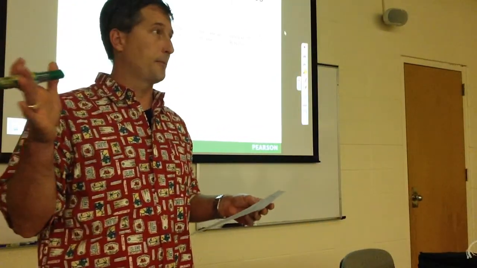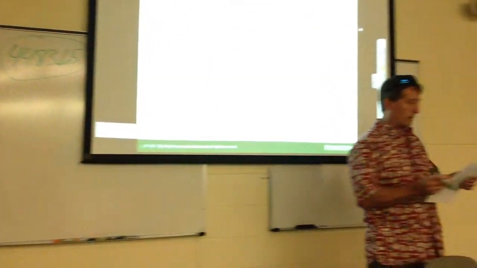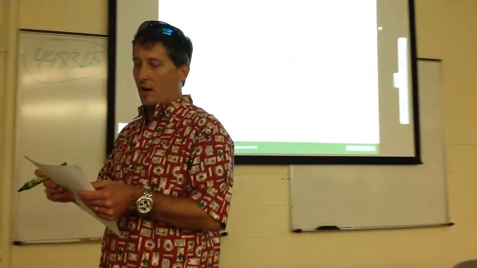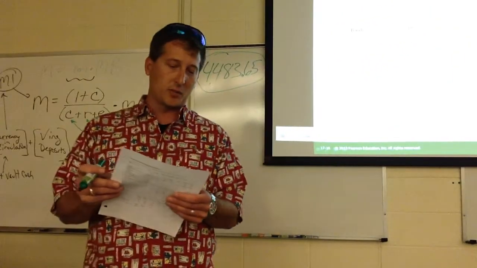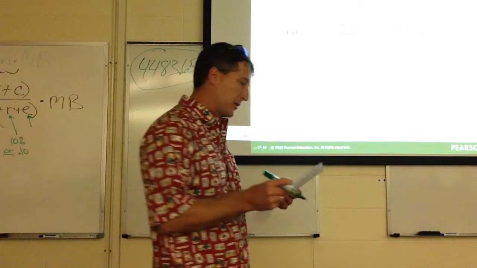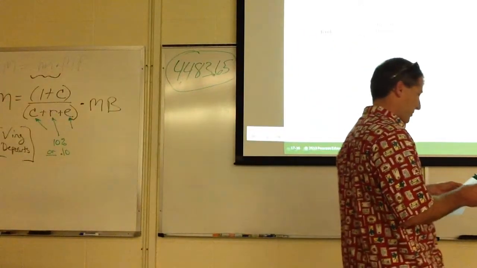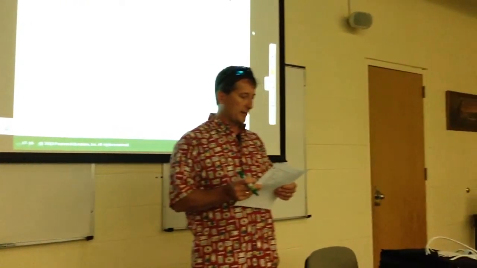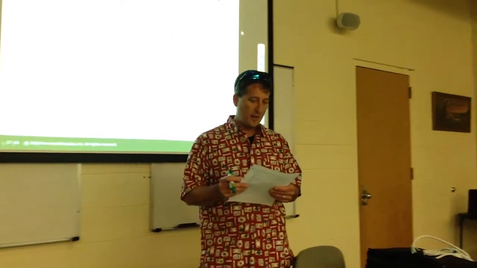Nicola? Yeah? All right. Suppose the central bank conducts the same open market purchases in B, except that banks choose to hold all of these proceeds as excess reserves rather than loan them out due to a fear of the financial crisis. Assuming that currency and deposits remain the same, what happens to the amount of excess reserves, the excess reserve ratio, and the money supply and the money multiplier?